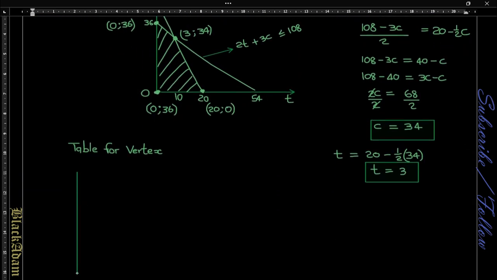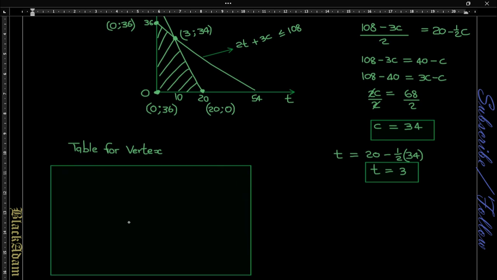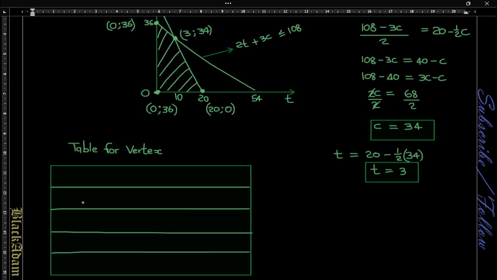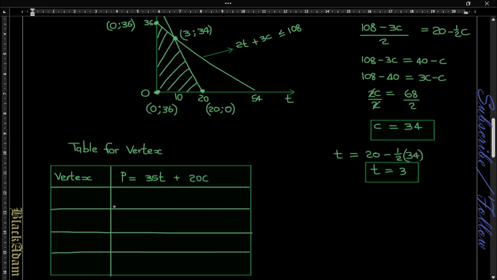We're going to construct a table. That's our table there. We draw a line, that line, and that one there. So we have the vertex, and then we have the equation for the profit, where the profit is 35t plus 20c, c for chairs, t for tables.